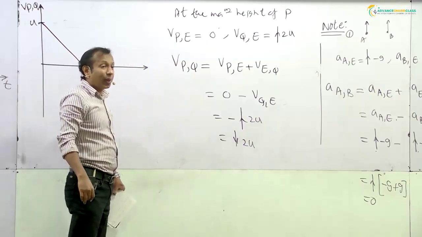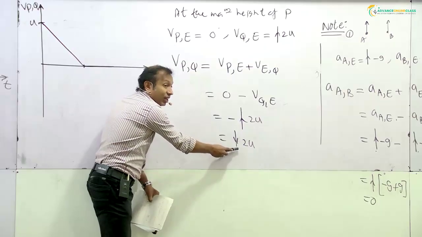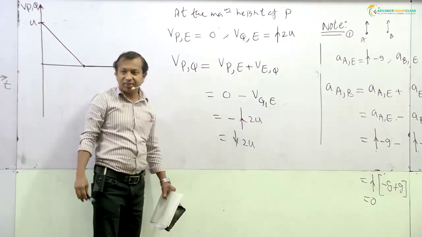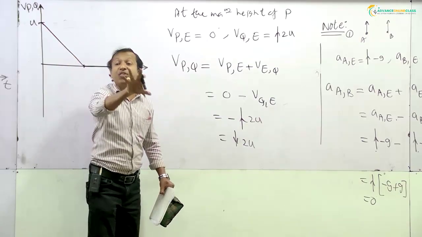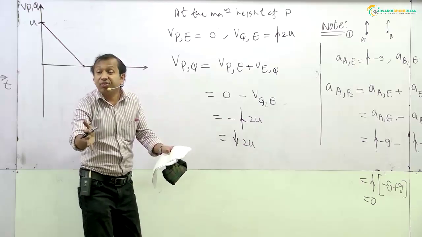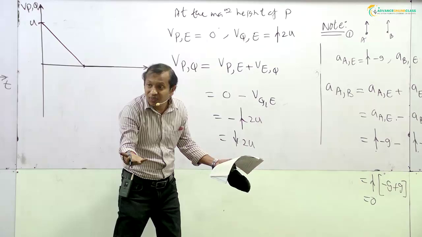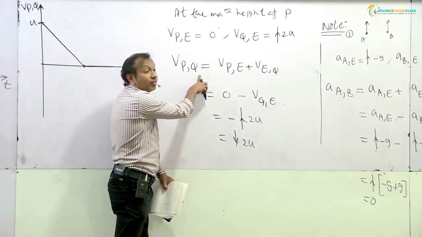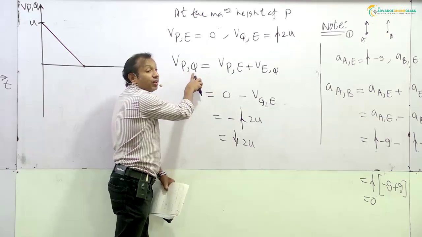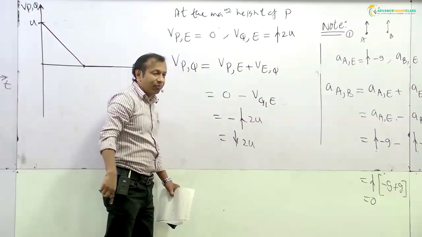What is this? Relative to Q, the velocity of P is initially u. The acceleration of P relative to Q is 0. When acceleration is 0, does the initial velocity change? No. Then throughout the motion, the velocity of P relative to Q is 2u, in which direction? Downward.